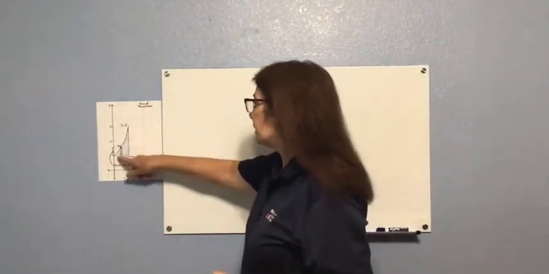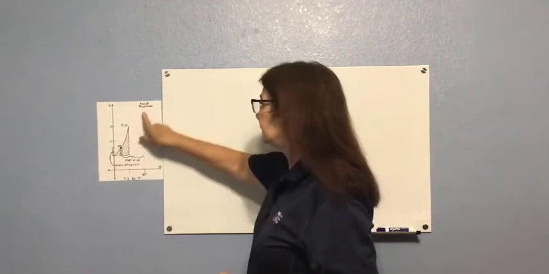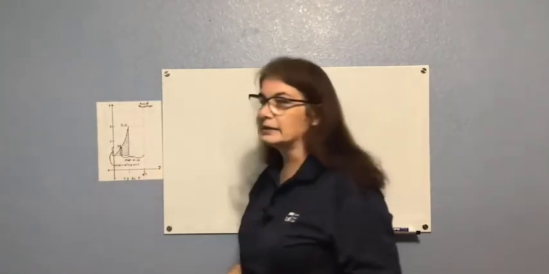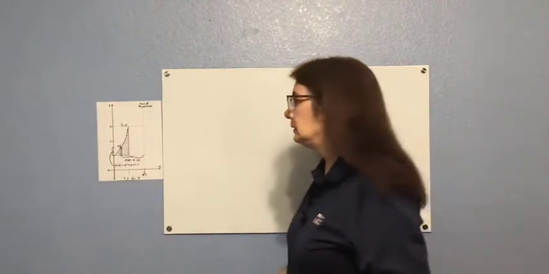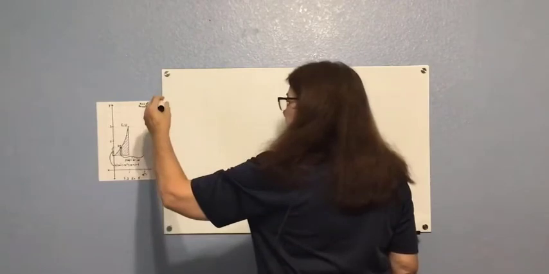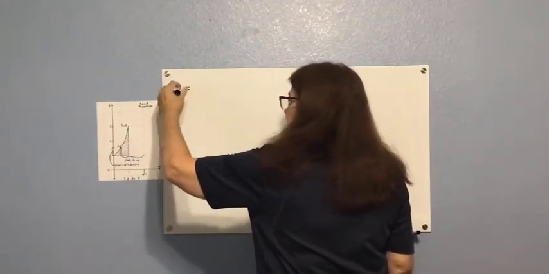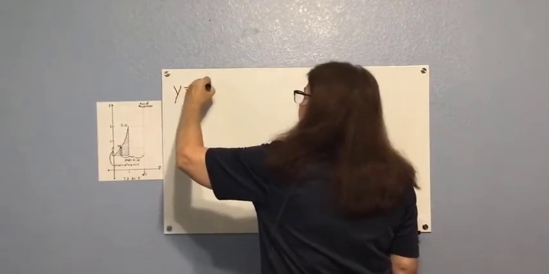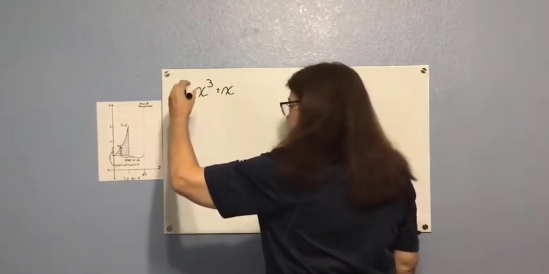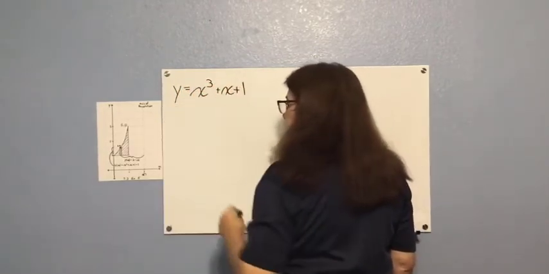I've got this shape that I want to rotate around this vertical line at x equals 2. Okay, the equation of this curve is y equals x cubed plus x plus 1.